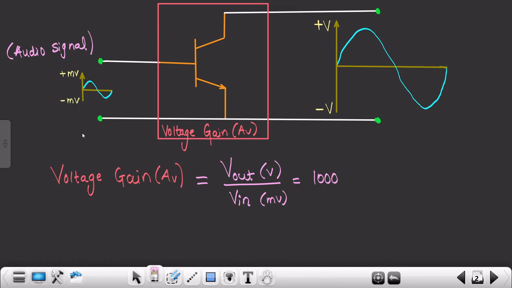Generally the waves produced by the brain, that is beta, alpha, gamma, are in a few microvolts, right? So you need to convert this microvolt signal to maybe millivolts or volts to analyze it, as we learned over here.